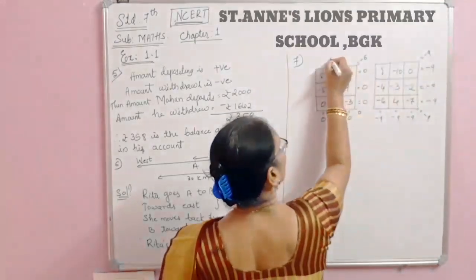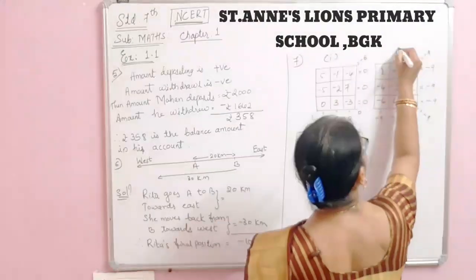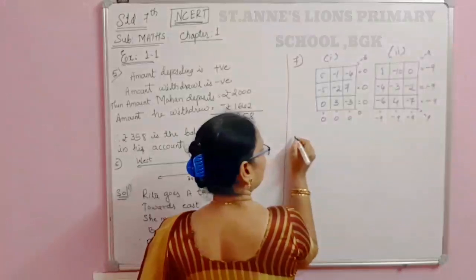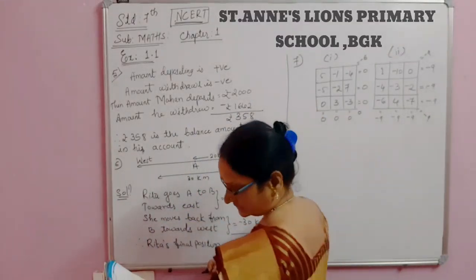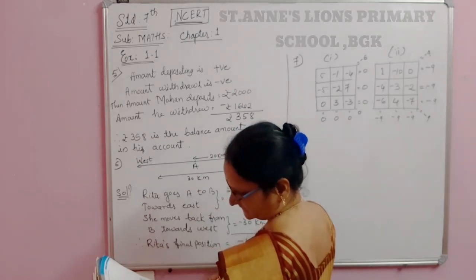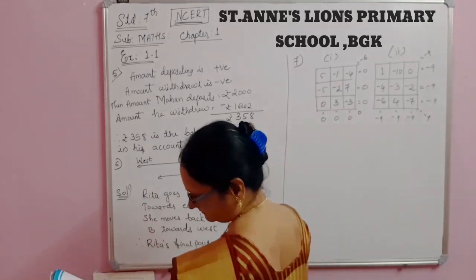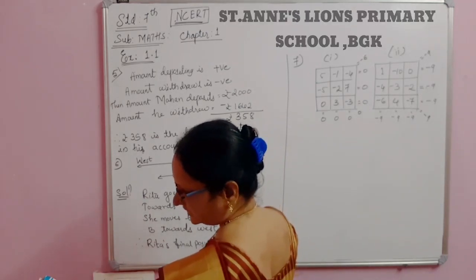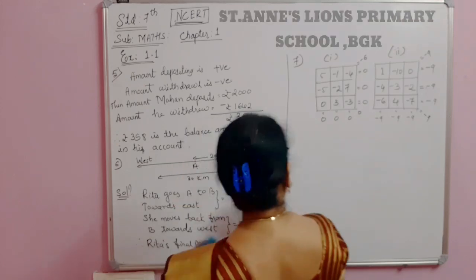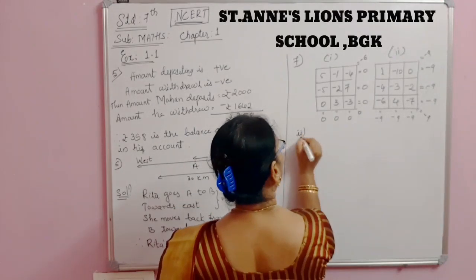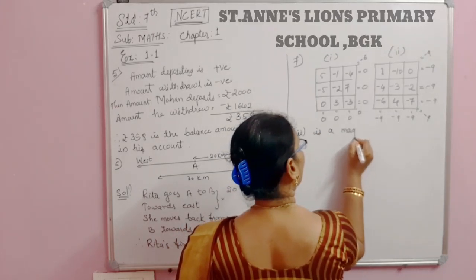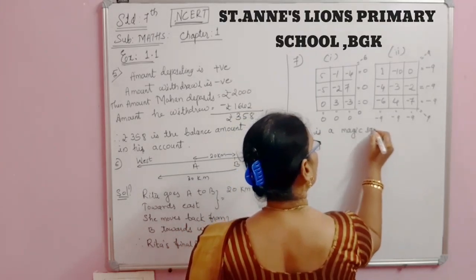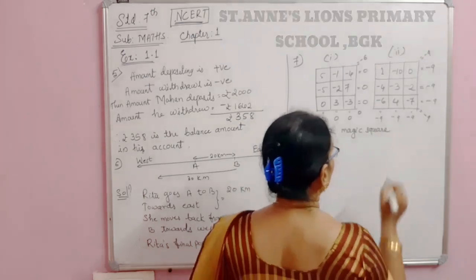So this is the first magic square and this is the second magic square. So what do we have to write? Now what is the question they asked? They asked to check which of the following is a magic square. Second is a magic square.